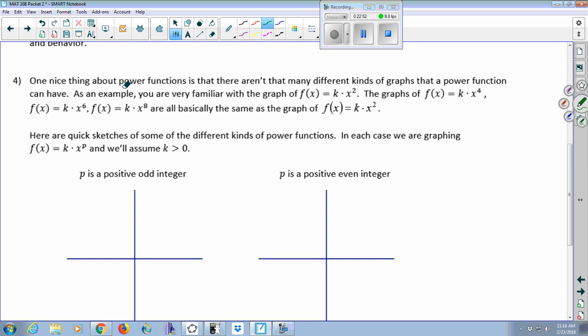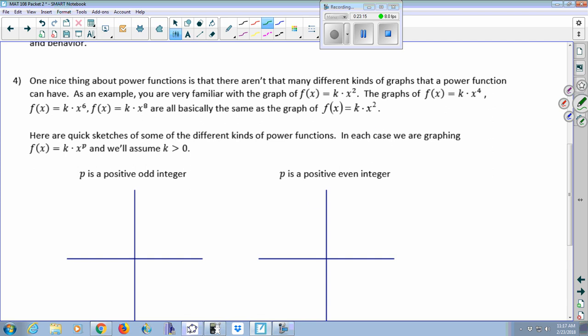You're very familiar with the graph of a parabola, whether it's x squared or some number multiplying x squared. The graphs of kx to the 4th, kx to the 6th, and kx to the 8th are all basically the same as your parabola.